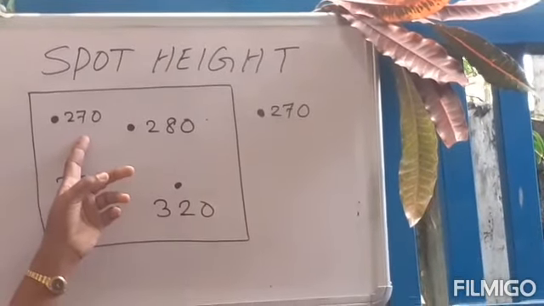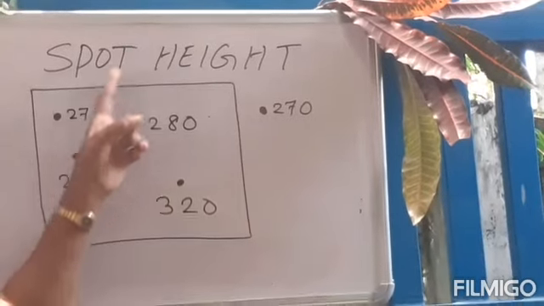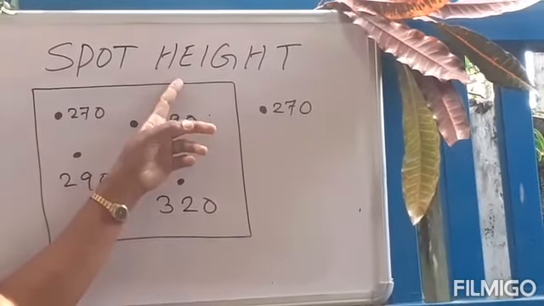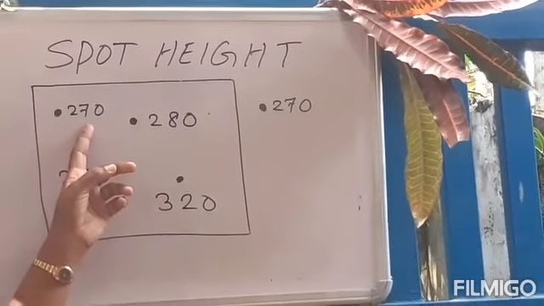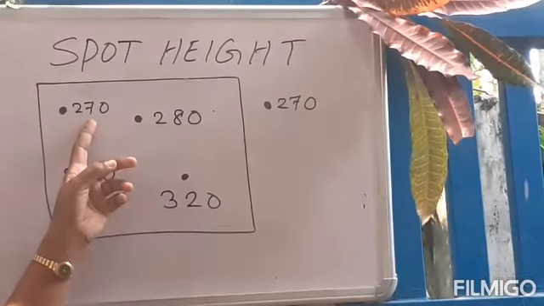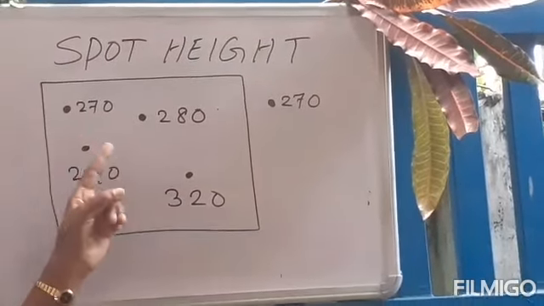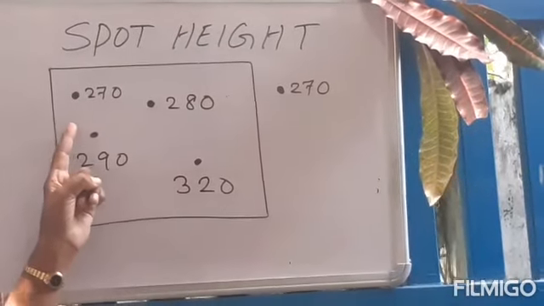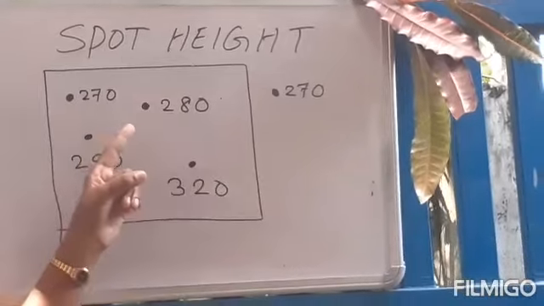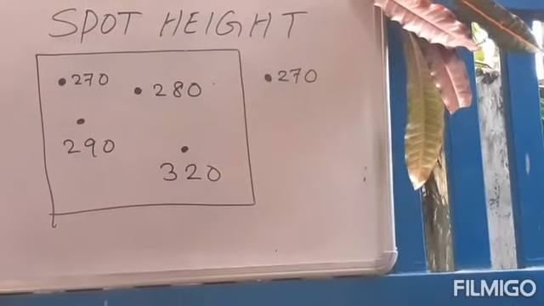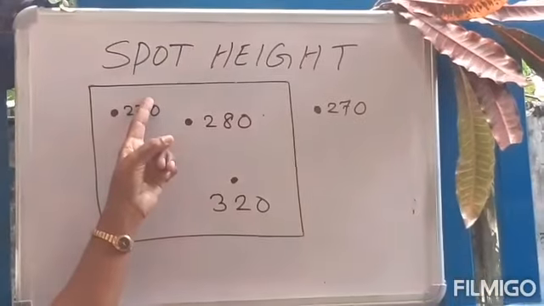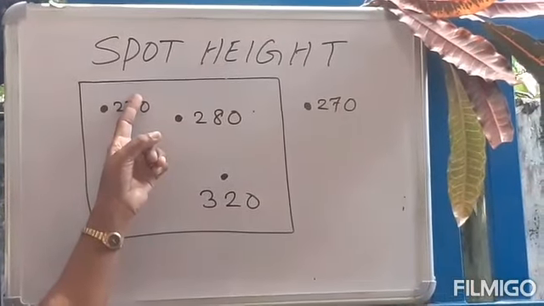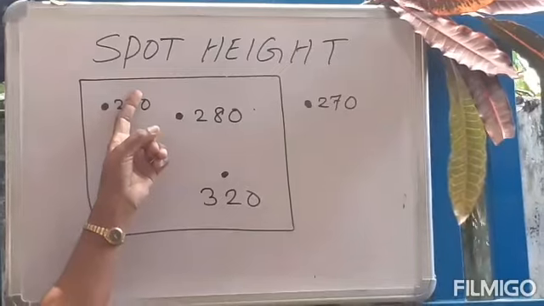The height of a place is determined by using spot height. How is it represented? Dot plus a few digits. On a topographical survey map, when you notice dots with a number beside them, you have to know that it is spot height. Spot height is a way to determine the height of a place.